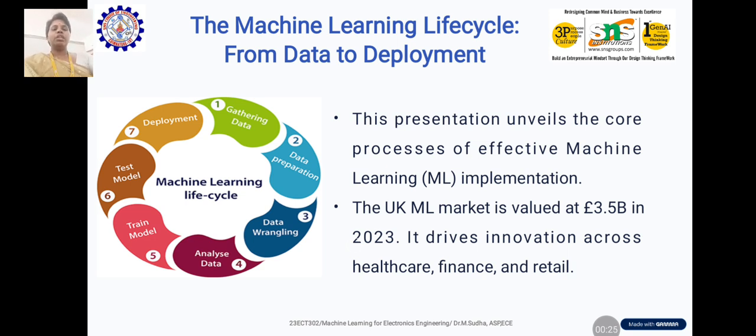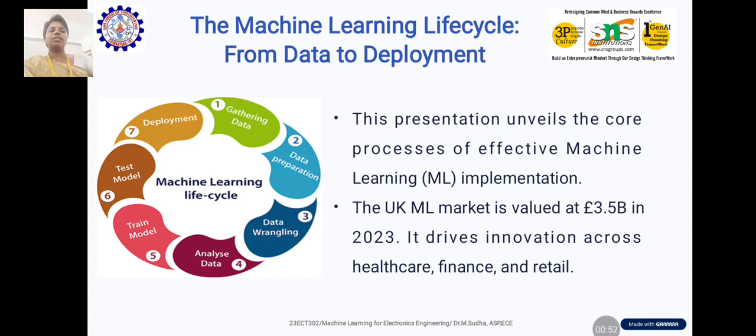Okay, the machine learning life cycle, from data to deployment. Data is the raw thing, and deployment is the execution level. We have 7 stages of process. In the image, the green color represents gathering data and the blue, data preparation, because we need to collect the data first, then prepare it.